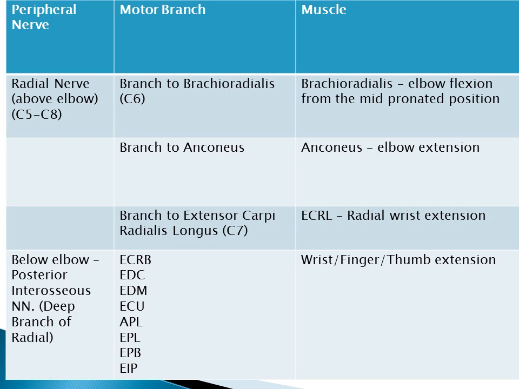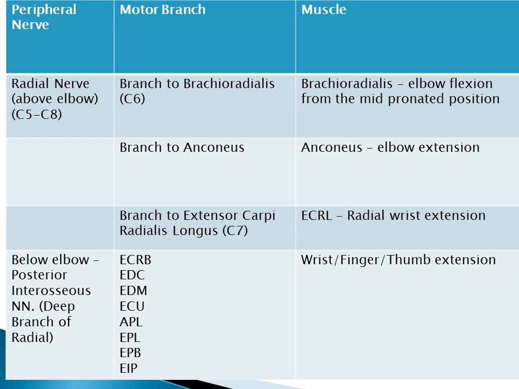So it has a combined vector that splits the angle between wrist extension and radial deviation, and we refer to that as radial wrist extension. So those are all potential muscles that could be affected with a radial nerve entrapment above the elbow.